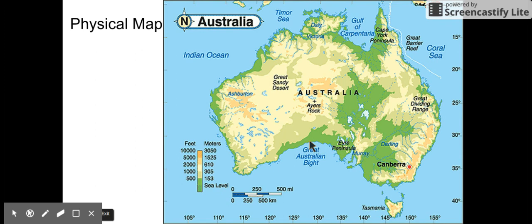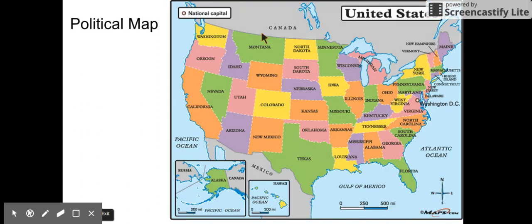So take a minute and see if you can figure out what the title of this map is right here. You can see clearly in the left-hand corner that this map is called Australia. Let's try another one.